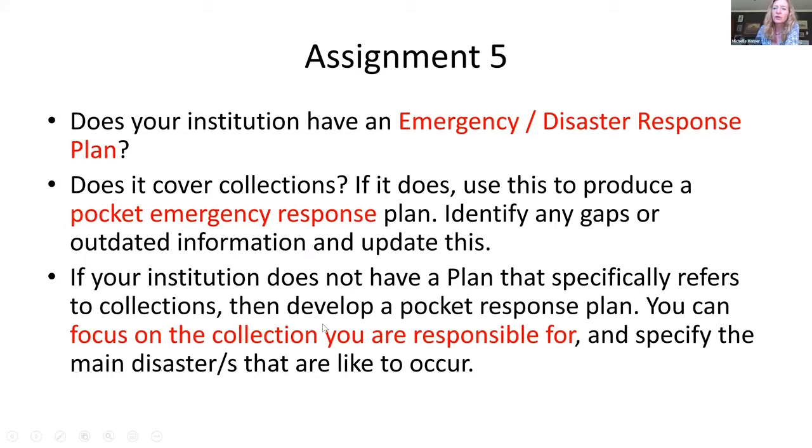So if you have a plan, does it cover collections, and maybe use that plan to condense it down into a pocket response plan. If you have nothing, then you're going to develop a pocket response plan and focus on the collections that you're responsible for, specifically the main disasters that are likely to occur in your collection.